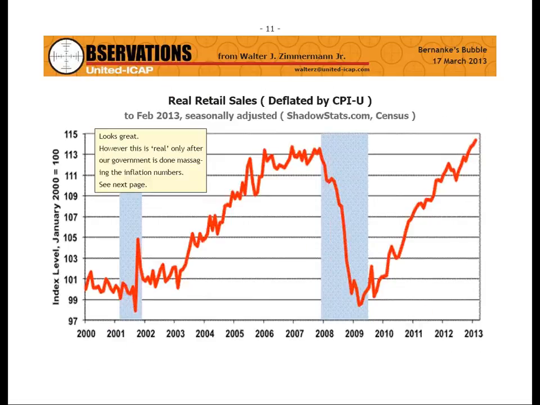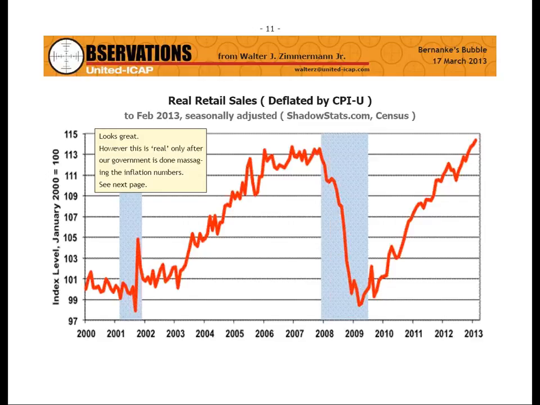Retail sales is another big one here. This is retail sales from 2000 adjusted for the CPI, the government's version of inflation, after they've jumped through several hoops to minimize the impact of inflation.